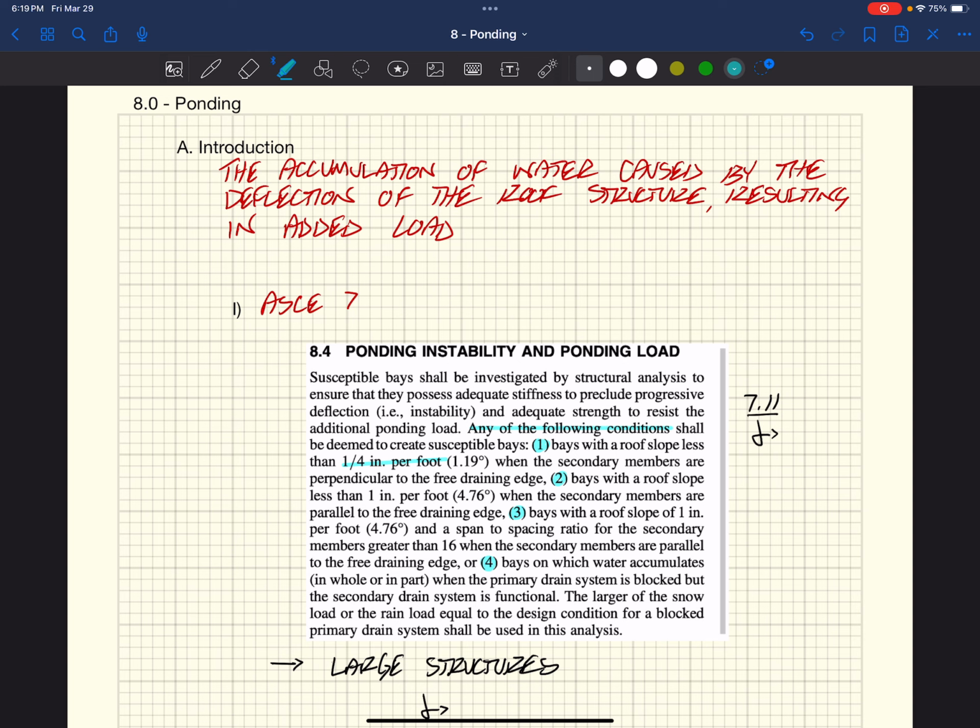An interesting aspect of this is that the IBC does not allow you to have a roof slope less than 1/4 of an inch, except in very specific circumstances. I think you can go down to 1/8. I would say that all the buildings that I've dealt with, essentially we might, as a designer, have to put a slope on our structure, right? And then on top of that, they put insulation, as I mentioned, and then the membrane on top of that.